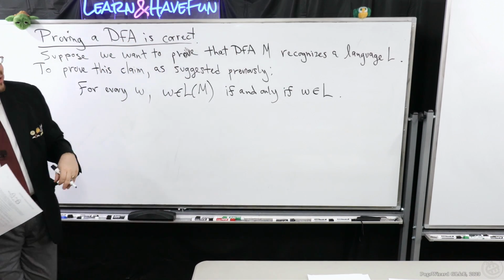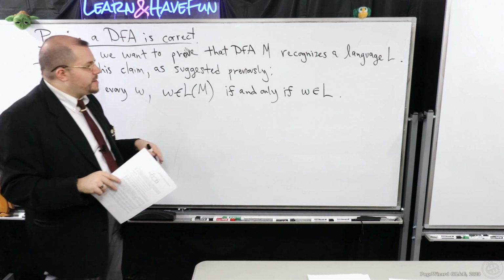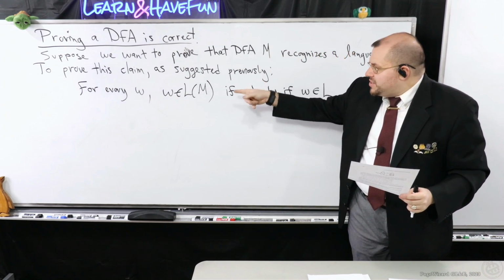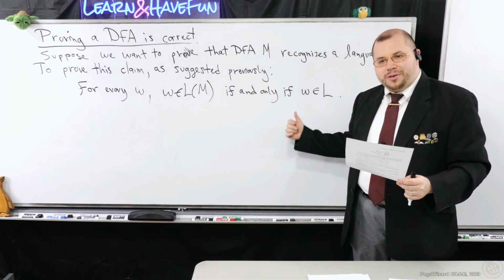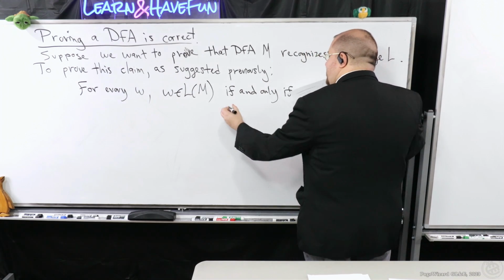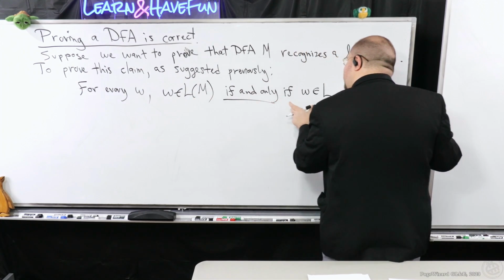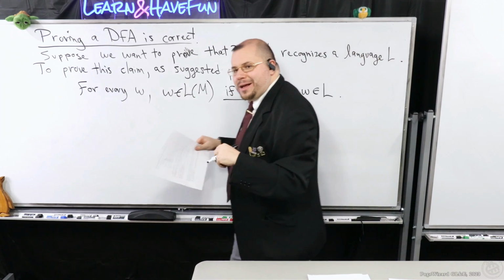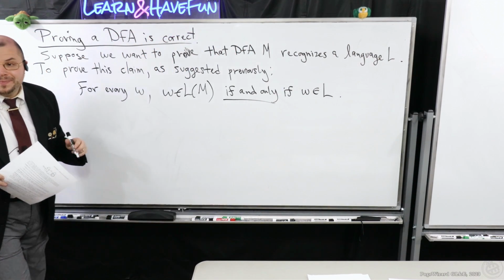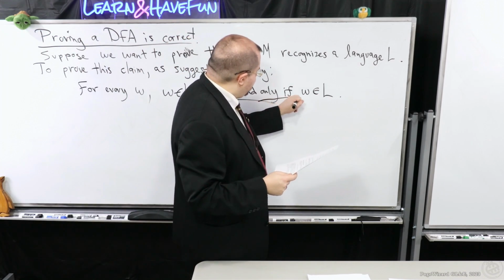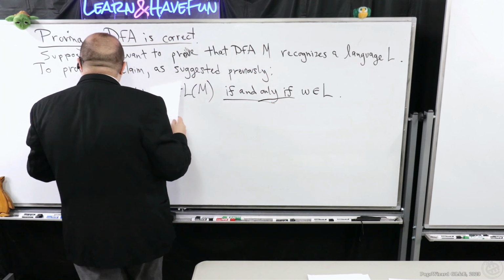I would like to make sure that my DFA always accepts strings that belong to this language, and whenever the DFA does not accept the string, it better not be in this language. That's what this says. The if and only if simply means if this is true, then this is true. If this is false, then this has to be false. That's actually something helpful we'll talk about today. The if and only if is a very strong claim in mathematics.